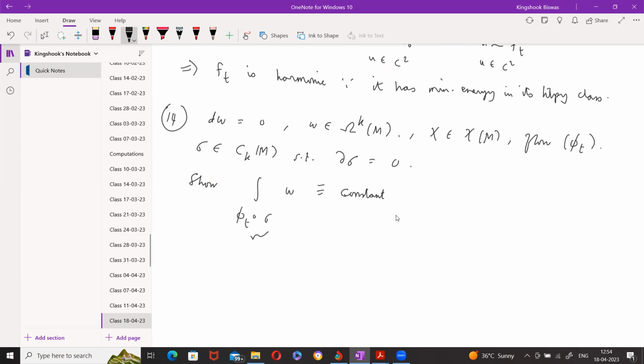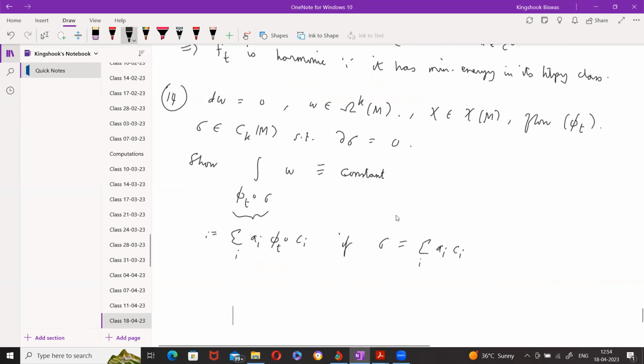What this means is that if sigma is the summation a_i c_i, then this is defined to be the summation a_i phi t composed with c_i. This is just shorthand notation for this.